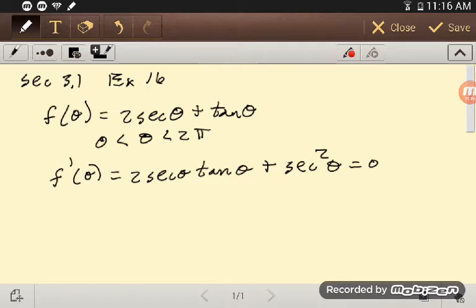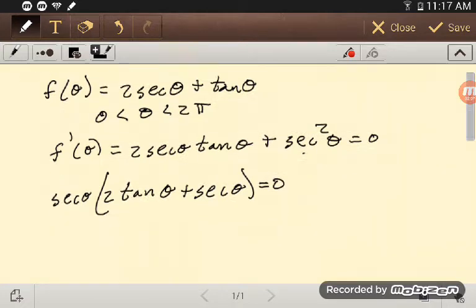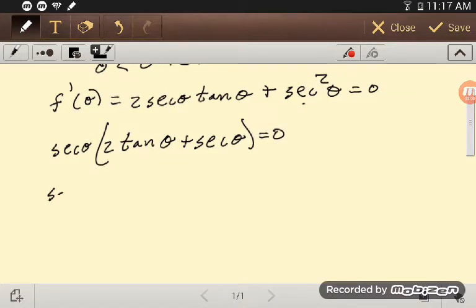And we have a secant in both of these. So we have a secant theta times 2 tangent theta plus secant theta is equal to 0. Okay, so, well, secant theta, where is that equal to 0?